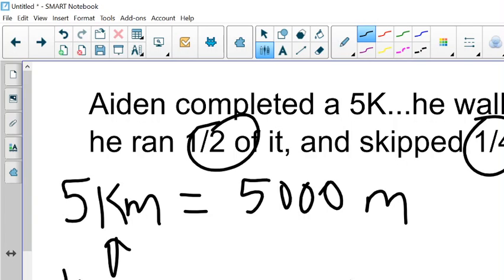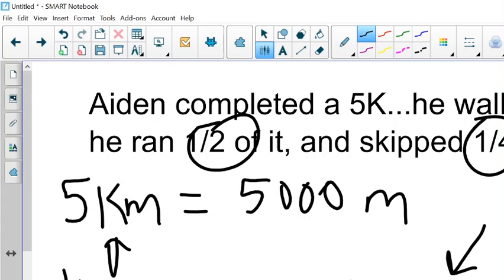So this is actually 2.5 kilometers. I'm just making sure that's right. Yeah.